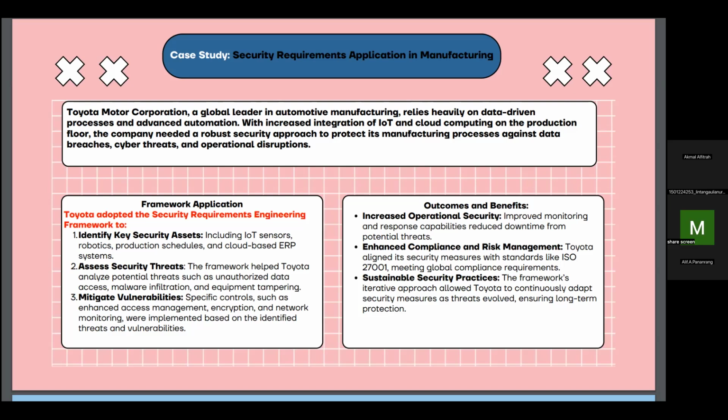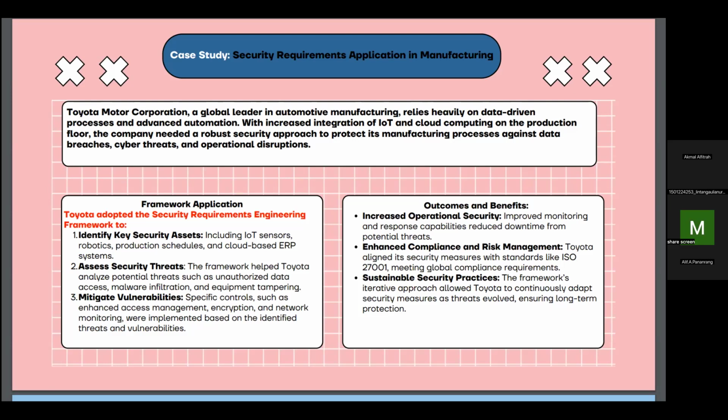The third is mitigate vulnerabilities. Specific controls such as enhanced access management, encryption, and network monitoring were implemented based on the identified threats and vulnerabilities.